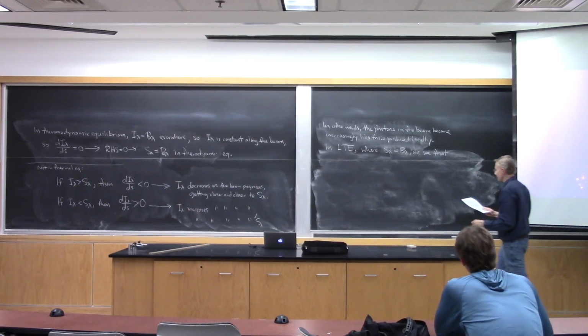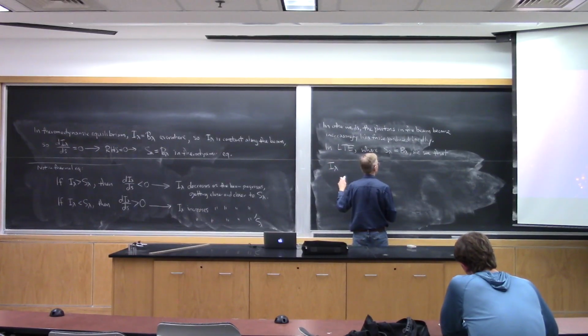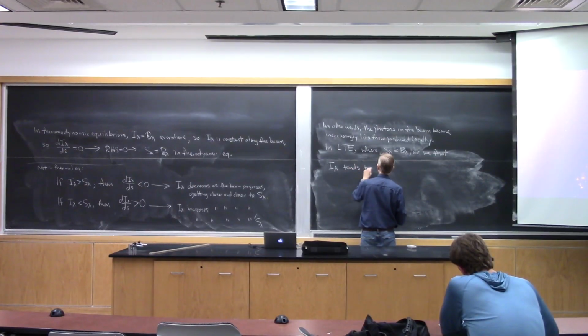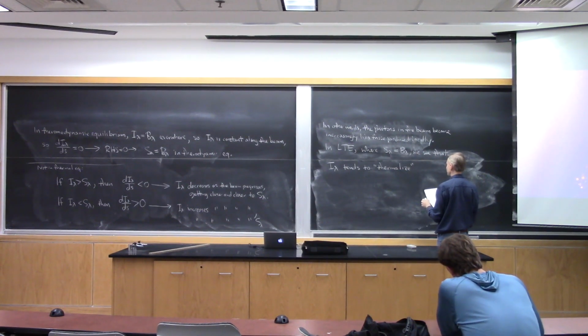We see that I lambda tends to, quote unquote, thermalize, become more and more like the black body radiation that's being produced locally as it goes along.